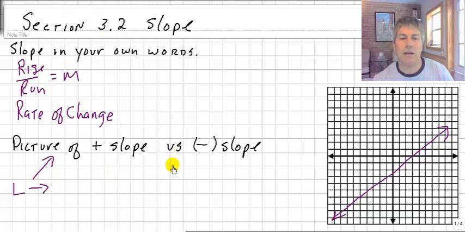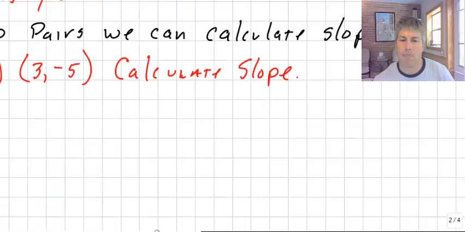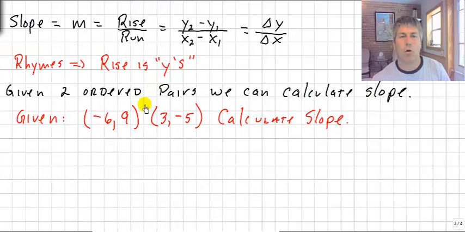Something with a negative slope, again, as you read from left to right, it is going down. So here we have the red line, which has a negative slope, because it's going down as we proceed from left to right. Okay? So slope.